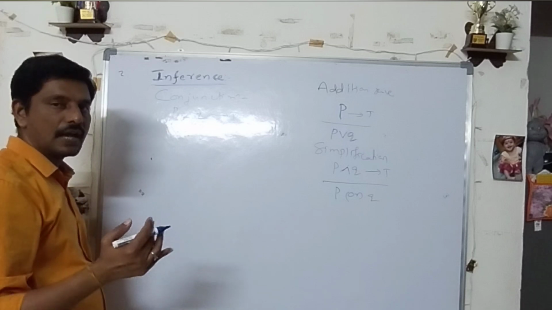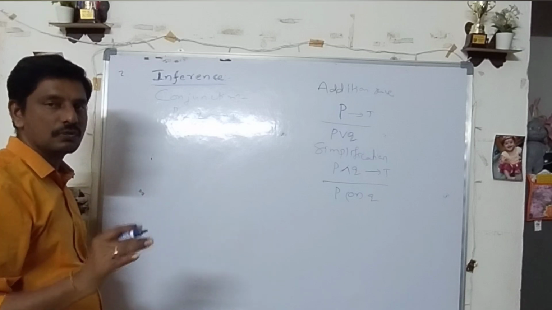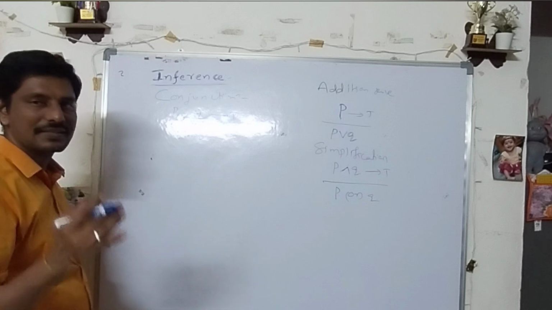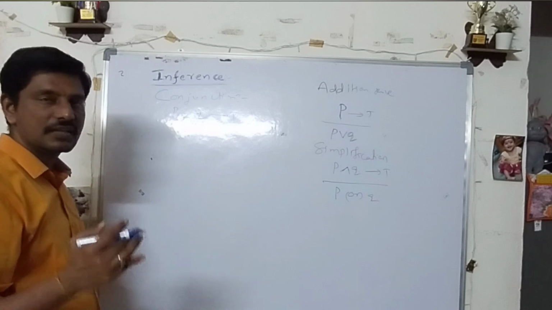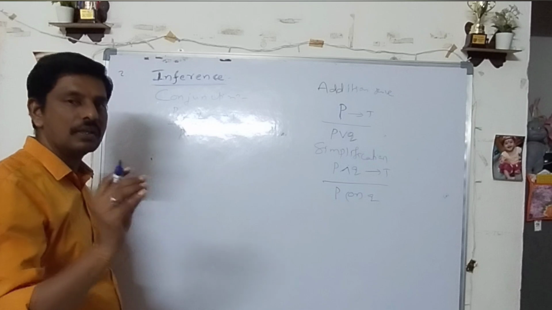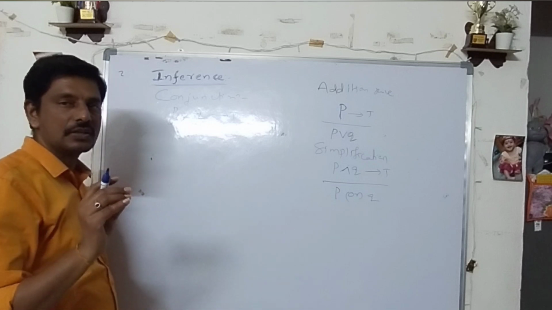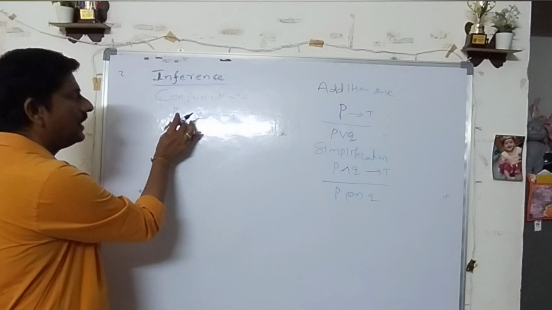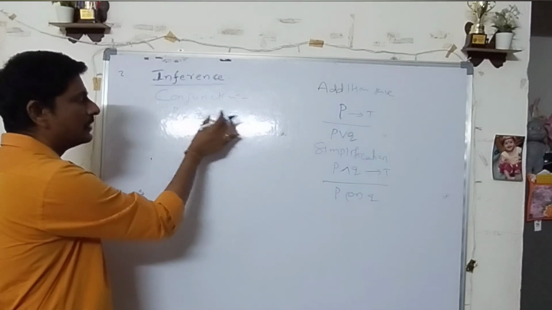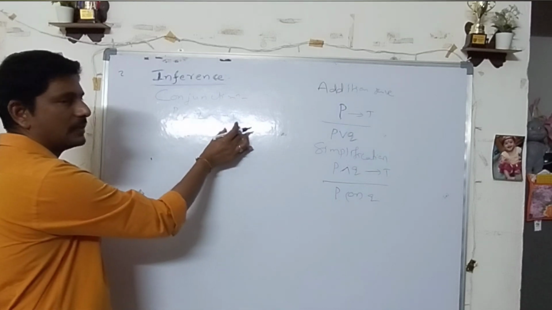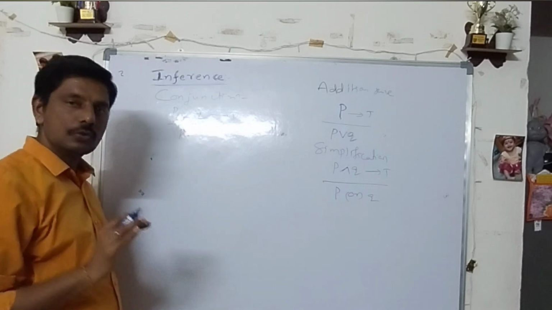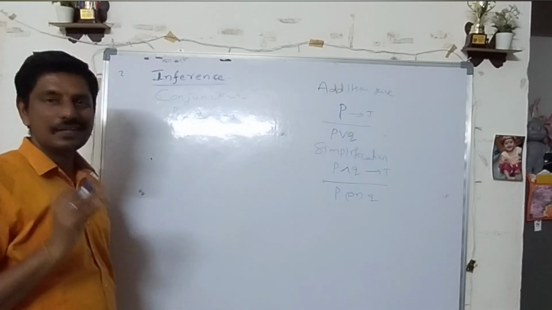For the OR connective, at least one true is enough, but the AND connective is very strict, as we discussed in class. If both are true, then only the result is true; if at least one is false, the result is false. So if P is a premise which is true and Q is a premise which is true, then the conclusion P and Q is also true. This is called the conjunction rule.